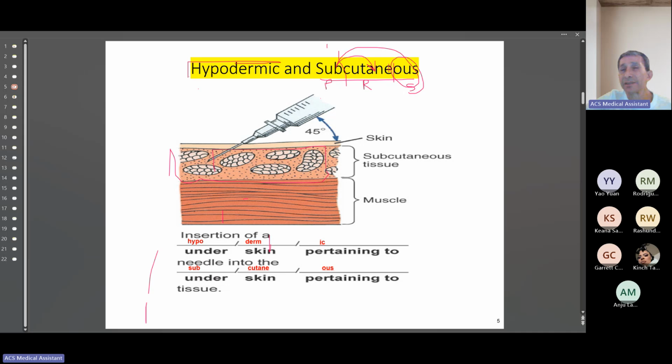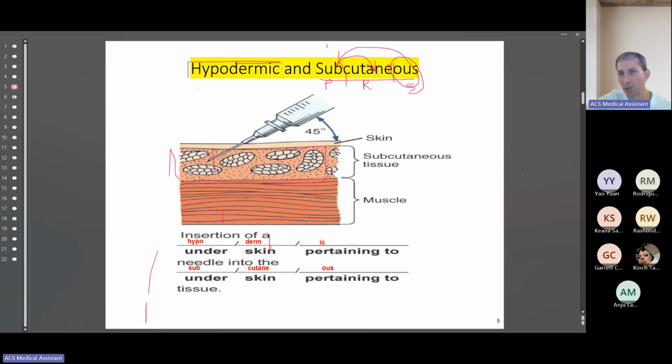So the skin has three layers: the upper layer, epidermis, dermis, and hypodermis. So hypodermic means pertaining to underneath the skin. So it will be on the fat tissue that we are going to inject this medication. So that is the subcutaneous tissue.